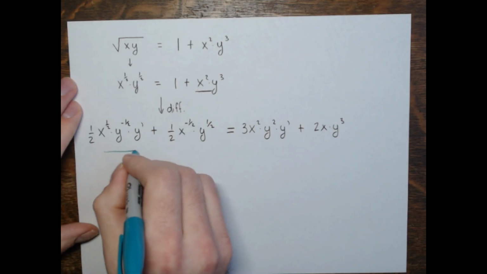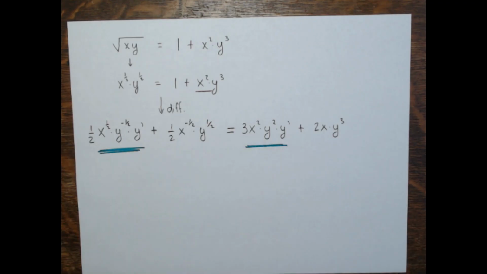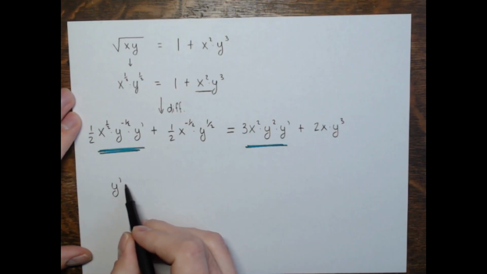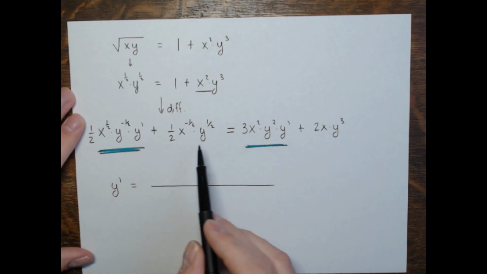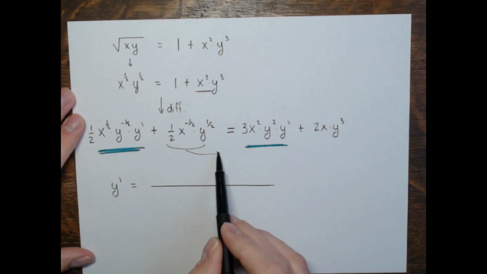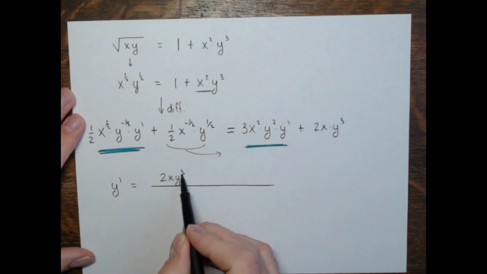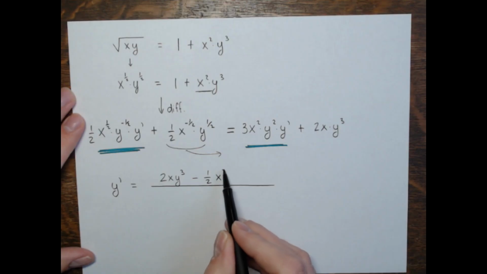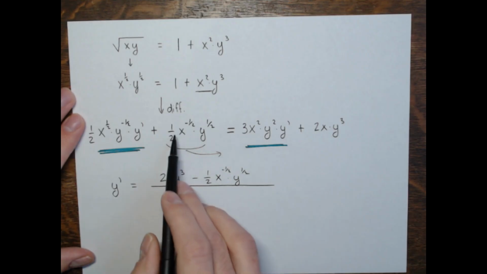Then the terms with y prime attached, there's that term on the left and that term on the right. If I gather those to the left and factor y prime out, we'd have the following. On the right side, we'd have 2xy cubed minus half x to the negative half times y to the half, all the terms without y prime.